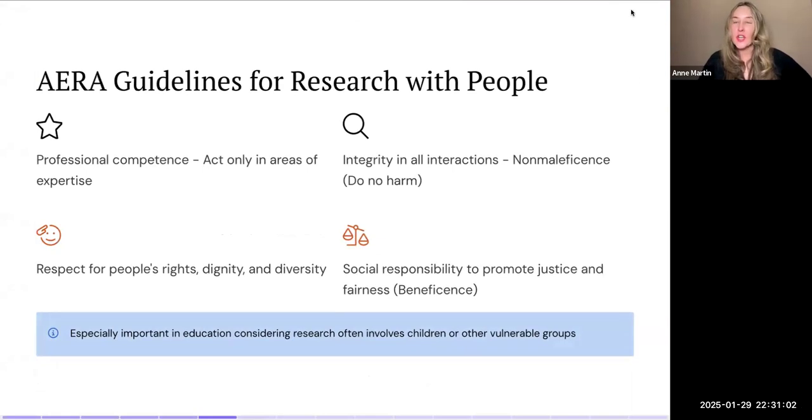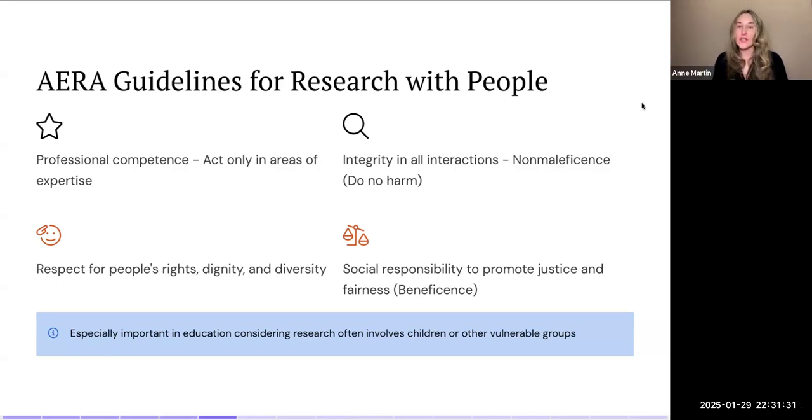So in education, the American Educational Research Association has a set of guidelines to help guide us in how to conduct research involving people or human participants. One of them is professional competence: researchers are expected to only conduct research in the areas of their expertise, making sure that they have integrity in all of their interactions.